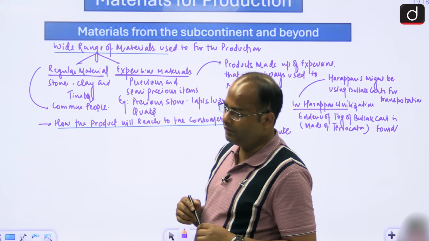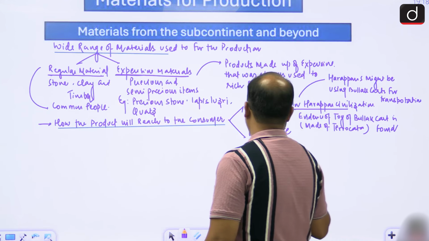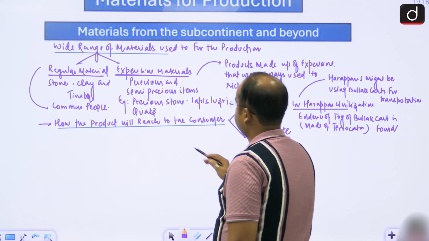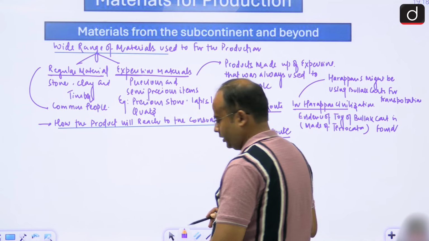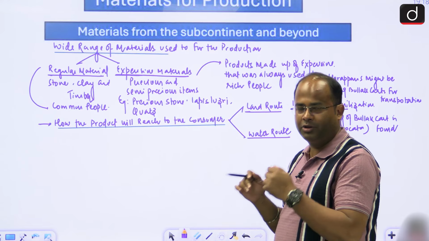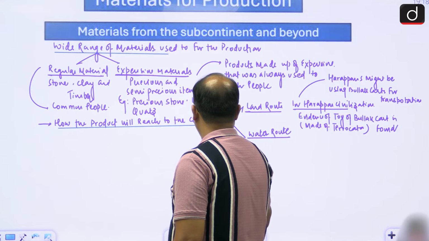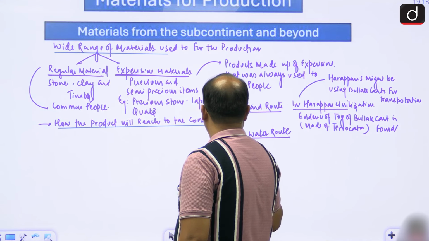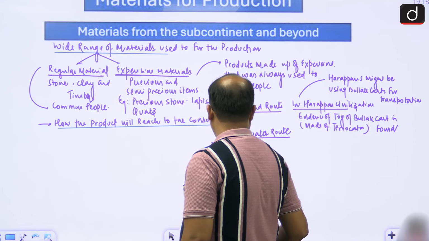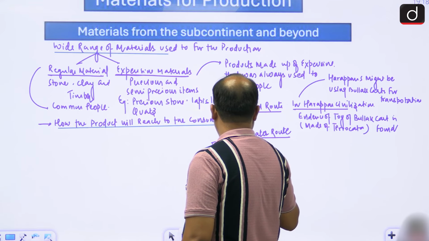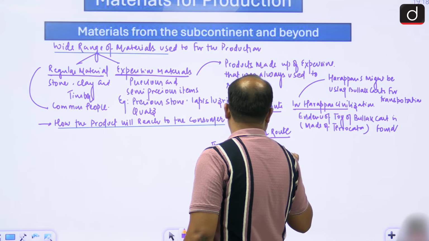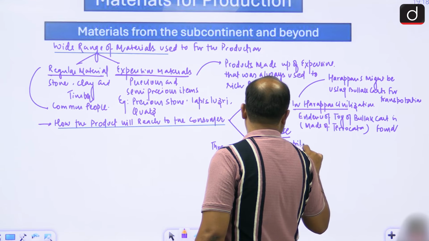Other than this, you will find that the next route available to transport the material was the water route. Now, how were they transferred through the water route? They were transferred through the Indus river and its tributaries.